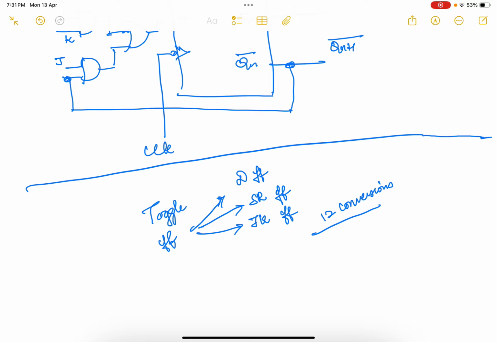Either how we can implement a 4x1 mux in terms of 2x1 mux, or we will implement an 8x1 mux in terms of 4x1 mux, or we can see how to implement an 8x1 mux in terms of 2x1 mux, and so on.